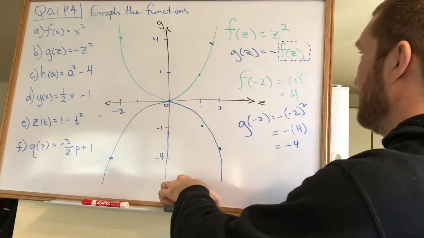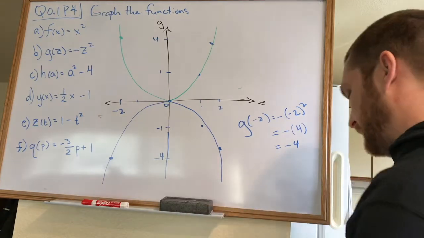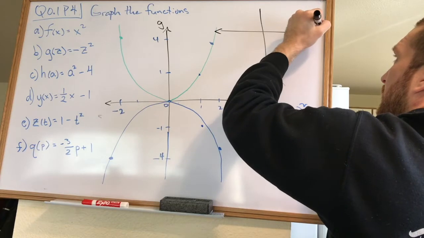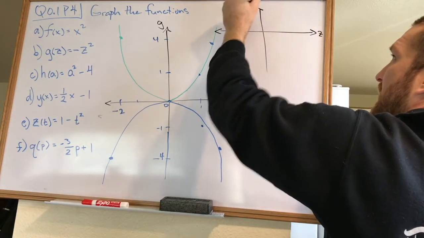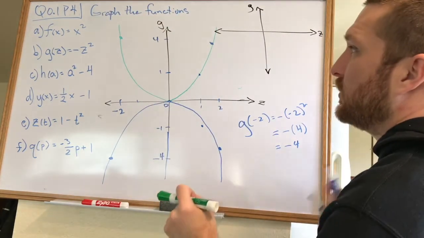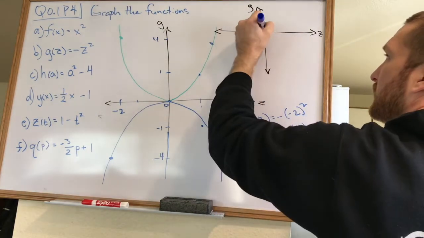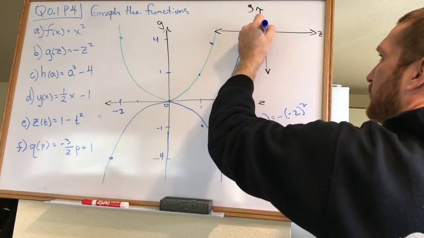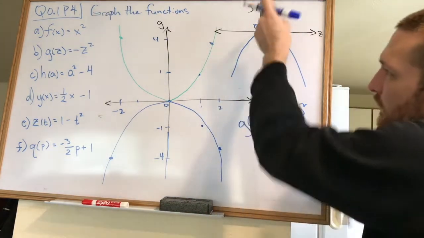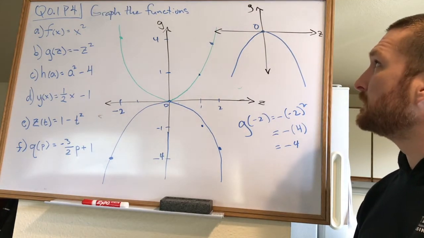If you just did this and this, then we call that f, we're going to call that g, and then just say, okay, it's like the original one, but now we've taken all of them and flipped them down, and so we get something that looks like this, a downward opening cup, goes through 0. We've labeled the only place that it intersects anything, so we are good to go.